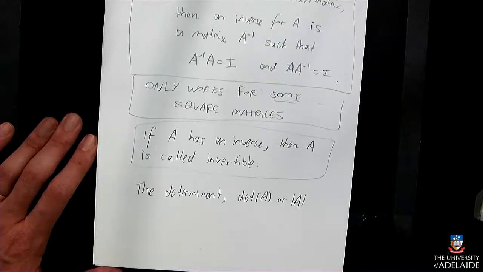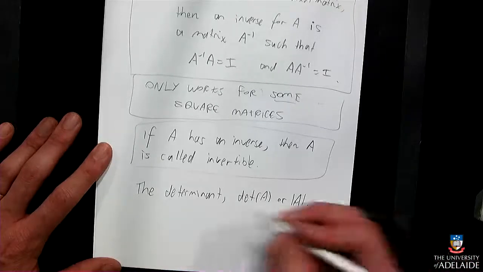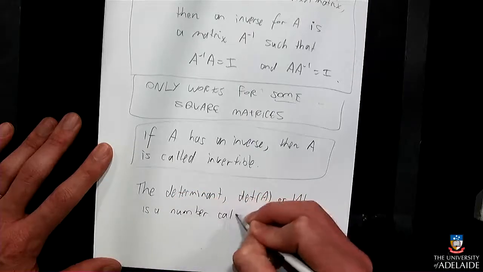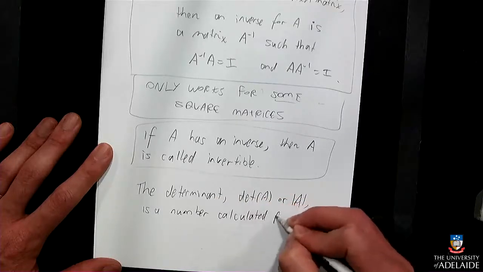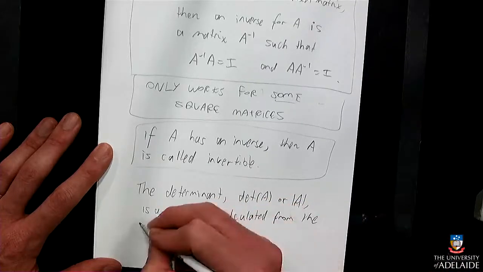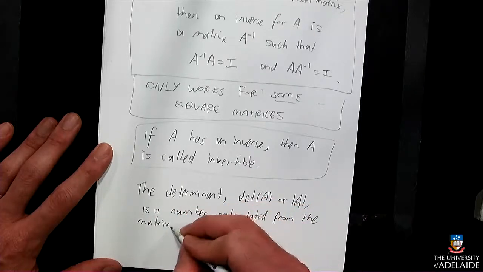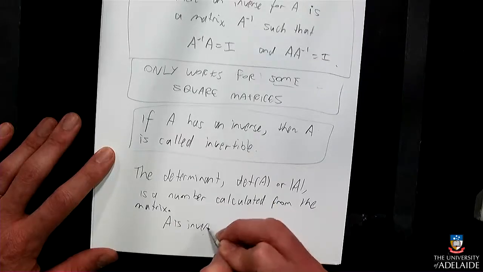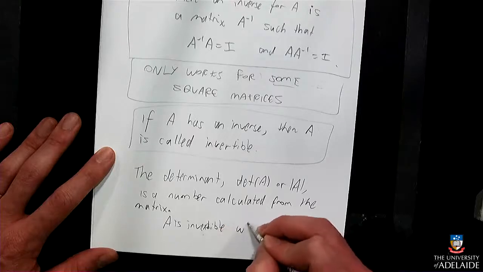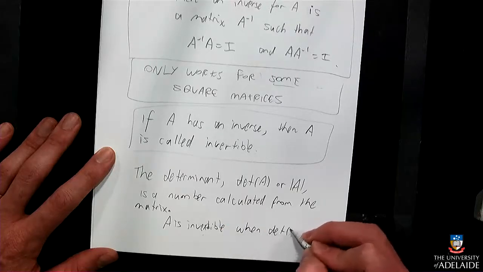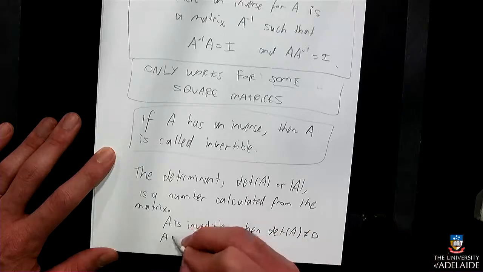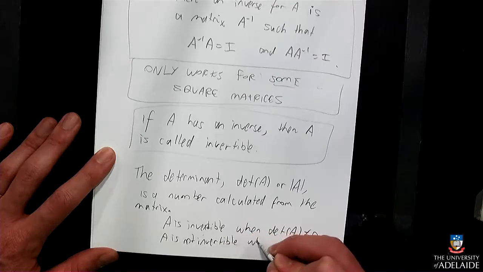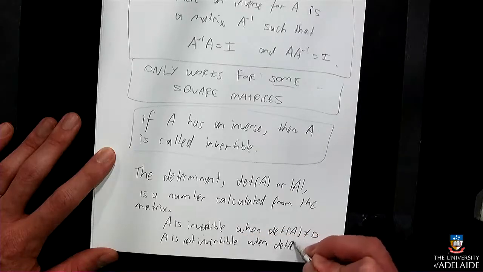We don't read it like that. It's a number calculated from the matrix. And we know that A is invertible when det A is not 0, and A is not invertible when det A is 0.